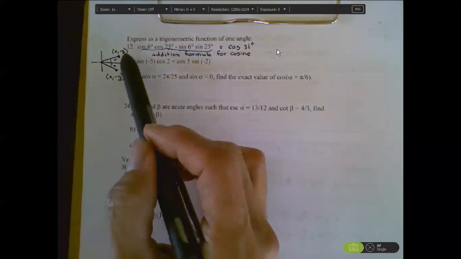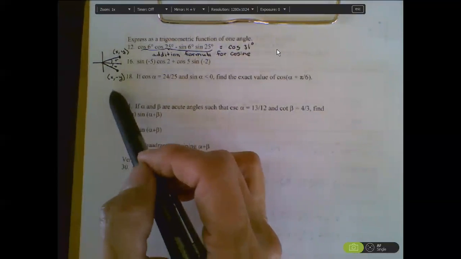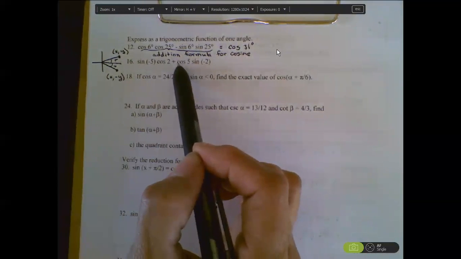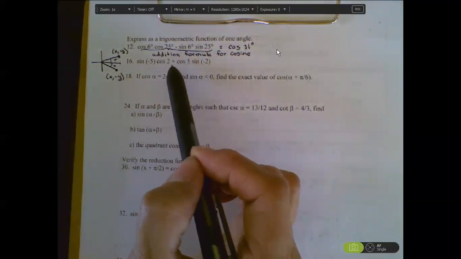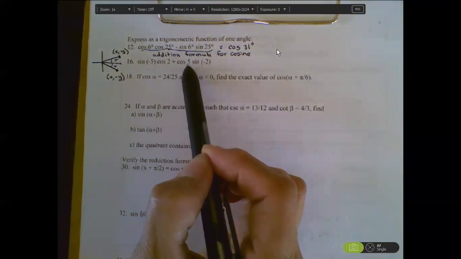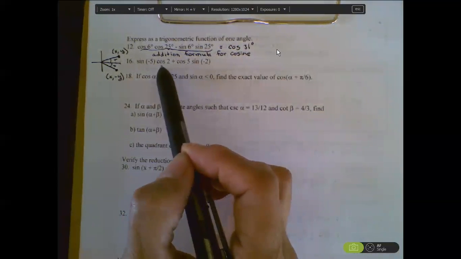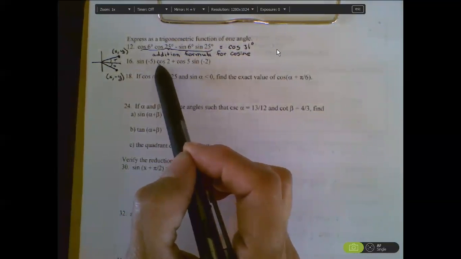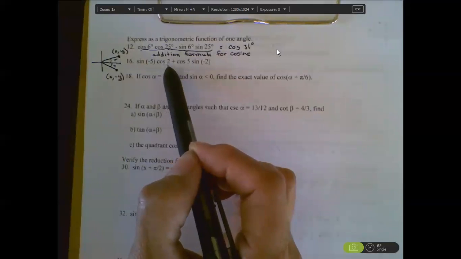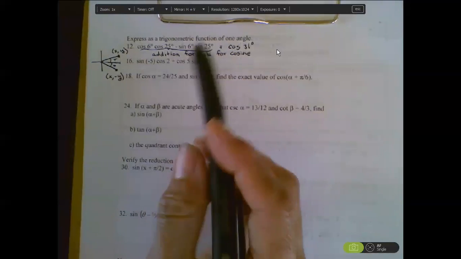Cosine, because your x's are the same here. In other words, in the place of cosine of positive 5, I could put cosine of negative 5 without changing the problem. And instead of cosine of positive 2, I could put cosine of negative 2 without changing the problem.